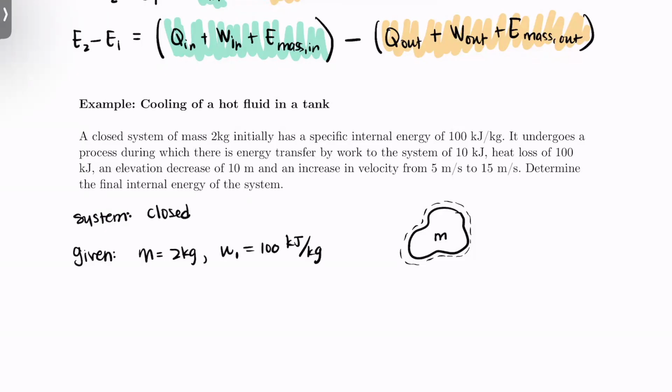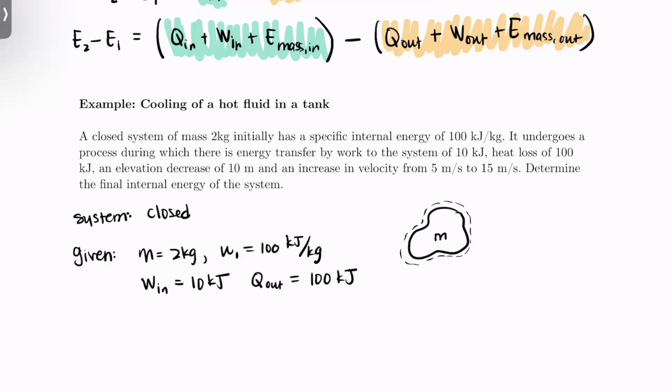We have energy transfer by work to the system. So we have a W in is equal to 10 kilojoules. We have heat loss. So this is Q out of 100 kilojoules.